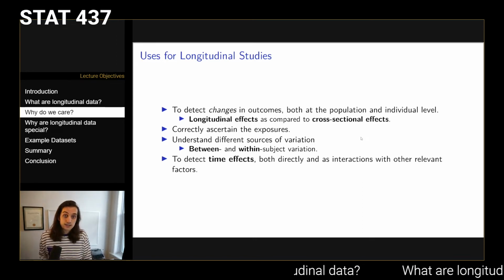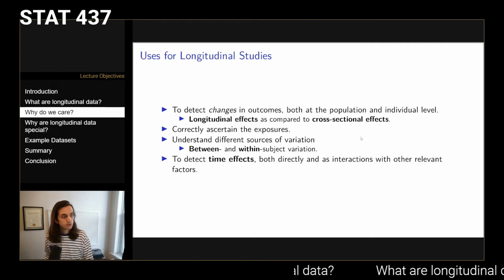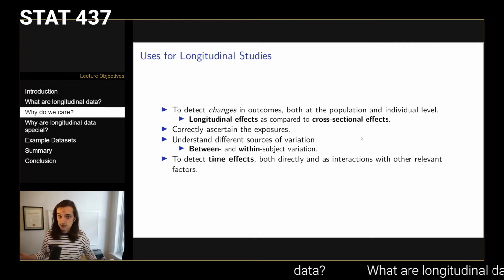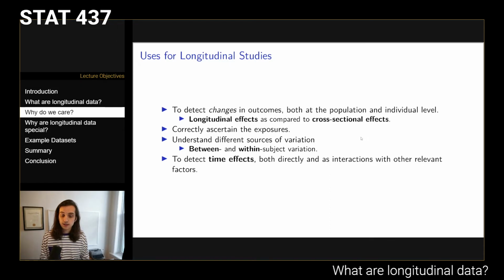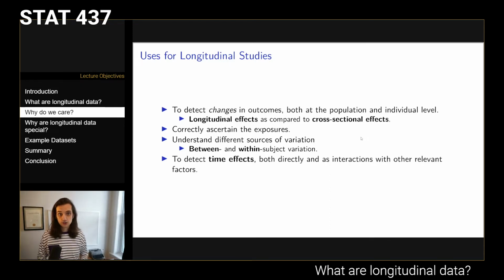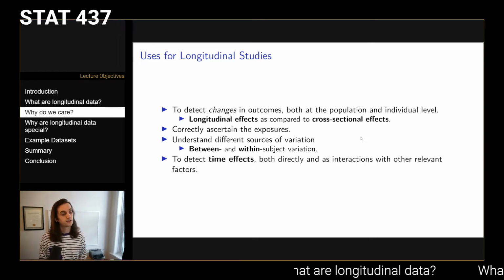We also can detect time effects. So we can look at time effects on their own. How does your risk of dementia increase just as time progresses, right? We know that as you get older, you're more likely to develop dementia. And so that's just a straight up time effect. We can also look at how time effects interact with other relevant factors. So how does prolonged lack of sleep interact with the ongoing time to affect the risk of dementia, right?